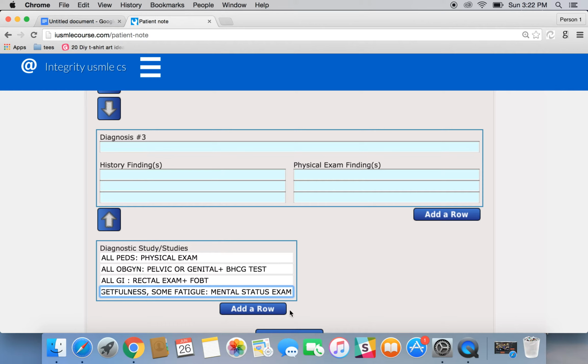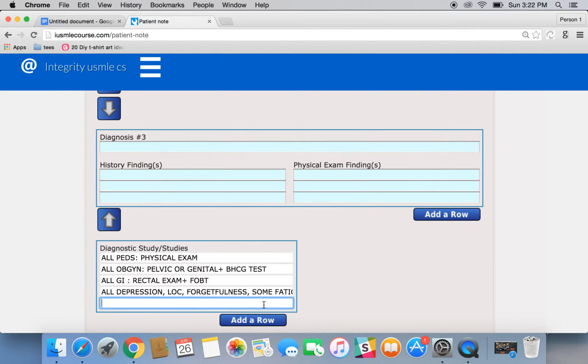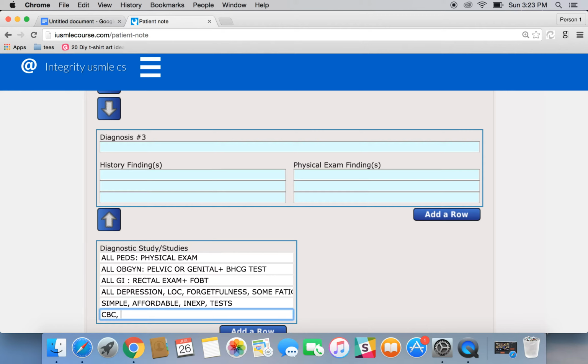For all cases in general, we'll always be careful. We'll first start and stick with the simple, affordable, inexpensive or cost-effective tests, such as CBC, TSH, electrolyte panel, X-rays, ultrasound, and so on.